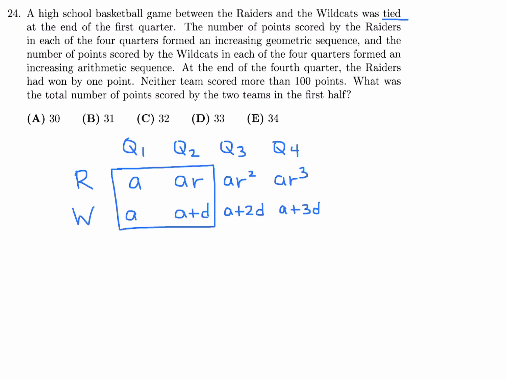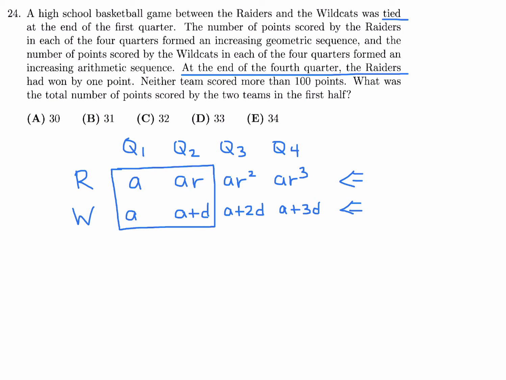One more piece of information that is very important: at the end of the 4th quarter, the Raiders had won by 1 point. So that means that this, whatever this is, is 1 greater than this.